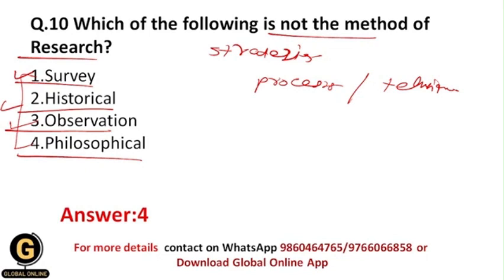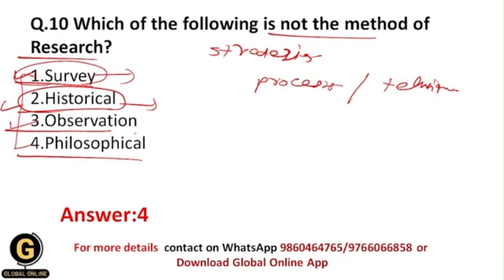And that's why your correct answer should be 4, because within a survey we can ask questions to the respondents and the respondents give us the answers. Within the historical method of research, basically we can collect data from the past. We can collect the data through people in the past, through pictures or videos which are recorded.